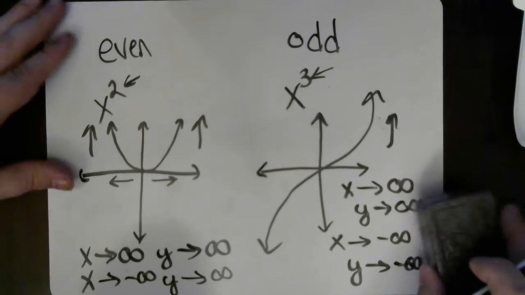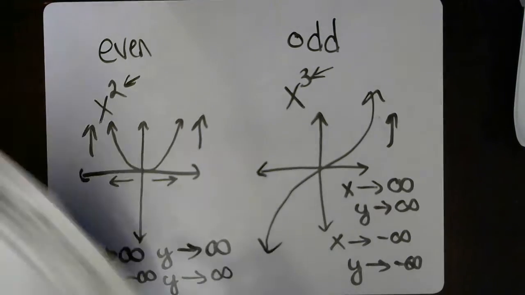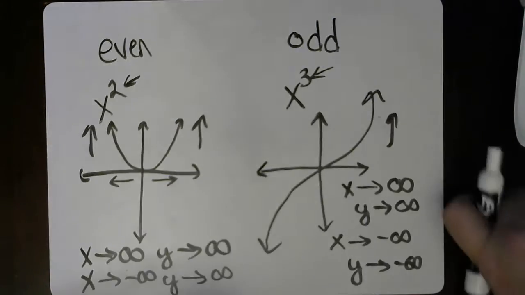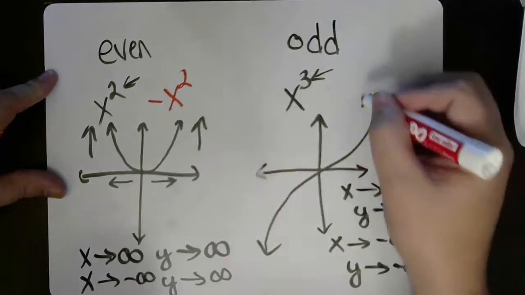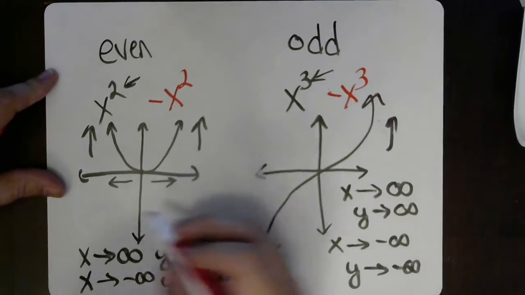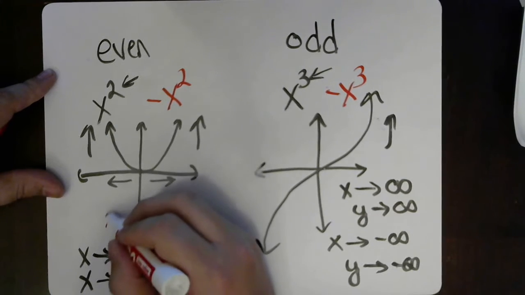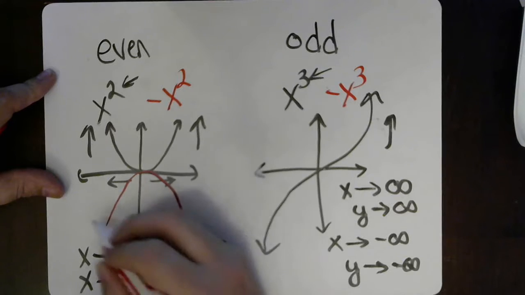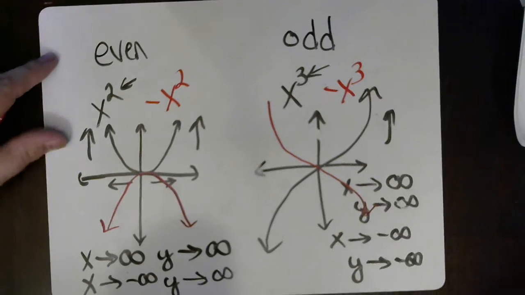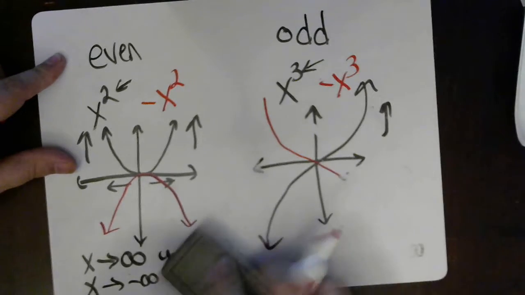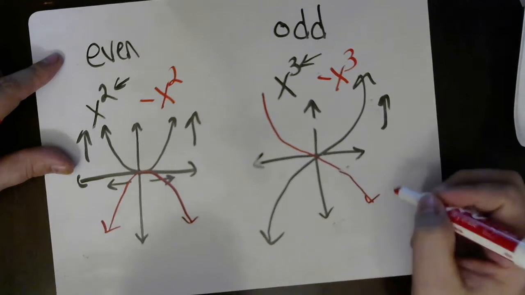Now what would happen if we were to make them negative? I'm going to use a different color marker. If I say negative x squared and negative x cubed, all that happens is that it flips over the x-axis. So we go like this, and we go like this. And then we're going to write the notation for this.